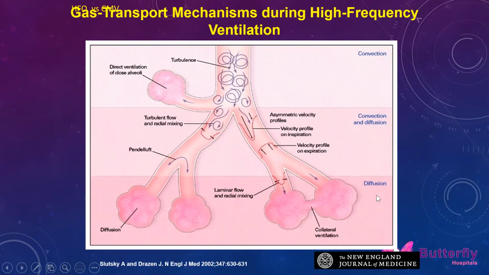At the alveolar level, mainly diffusion, and at the airway level, mainly convection. So by high frequency ventilation, we can achieve CO2 clearance both by convection and diffusion. Oxygenation mainly happens by diffusion.